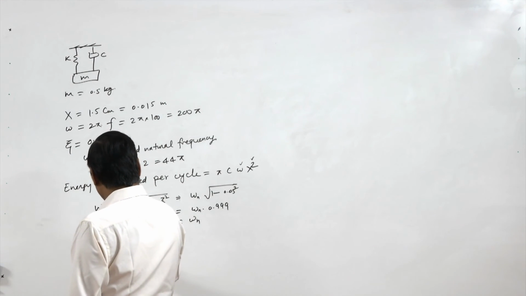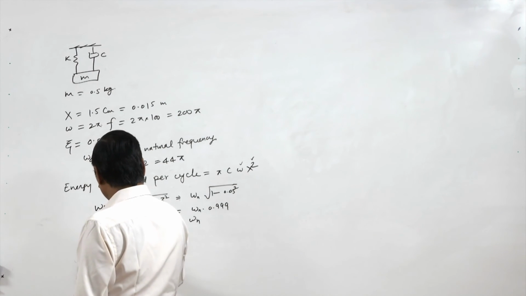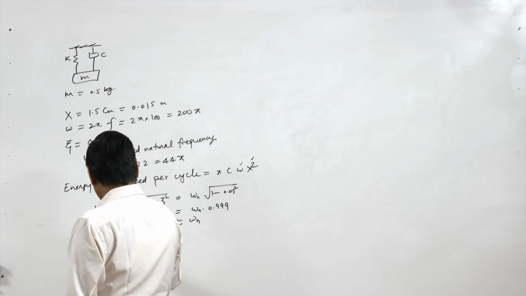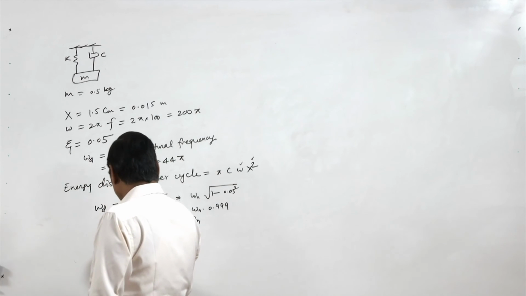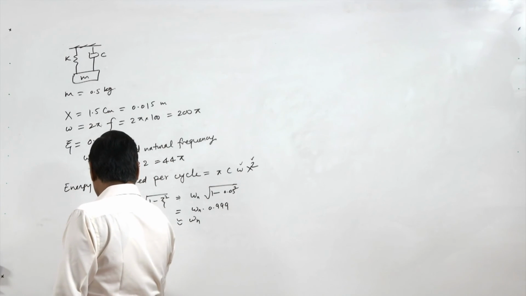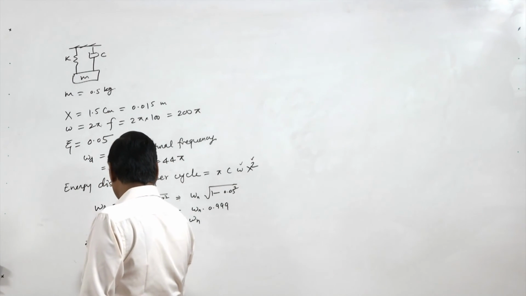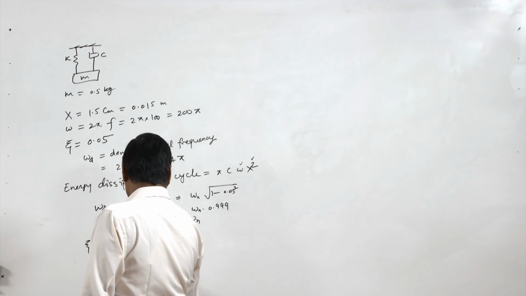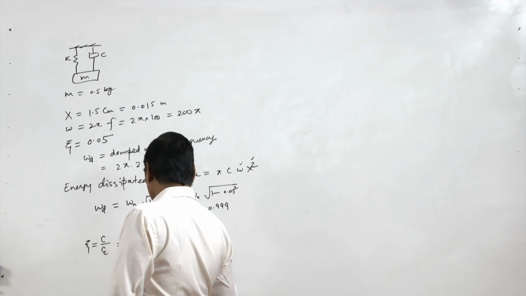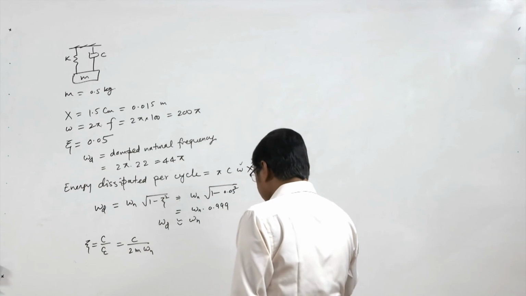So now if we want to know the damping c, we know that zeta equal to c by cc, and cc equal to 2m omega n, or 2 root km.